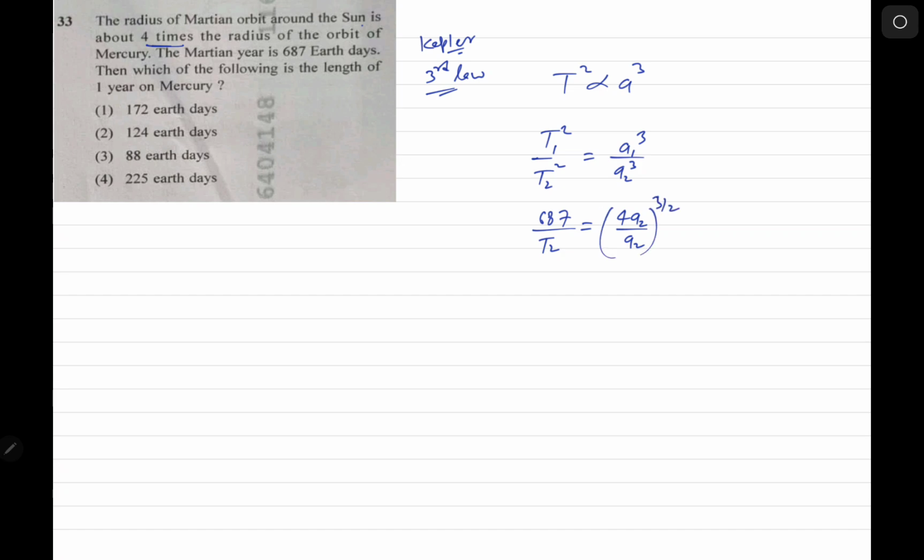I took the square root also. So 4 to the power 3 by 2 is 8 only. So 687 by 8, when we solve this, we'll get 88 days, Earth days. So option 3 is the correct one. Hope you understood. Let's move to the next question.